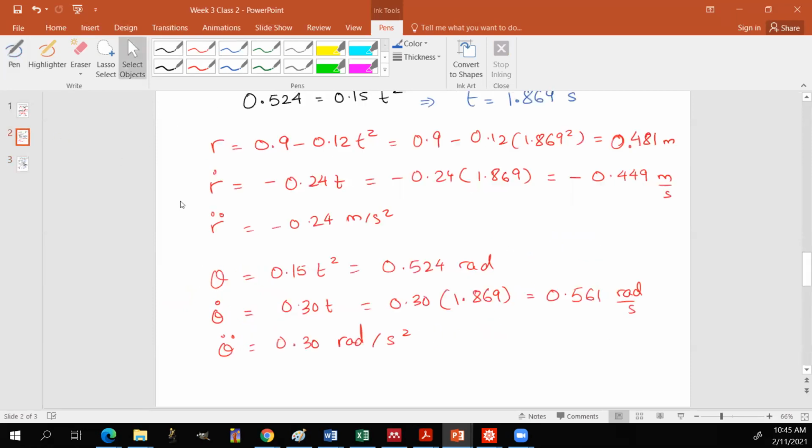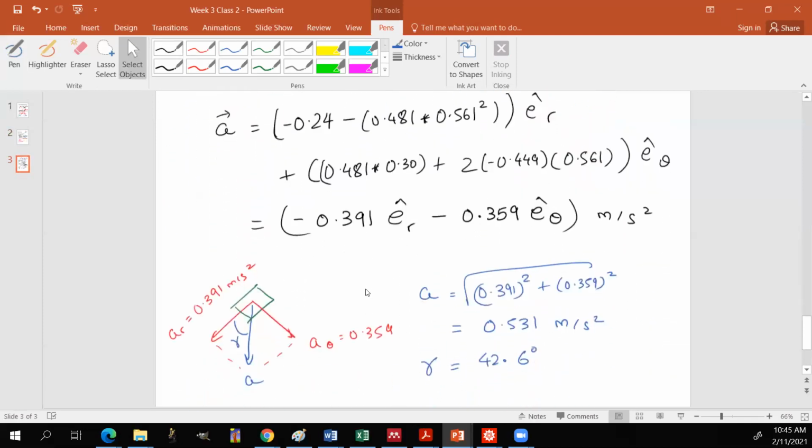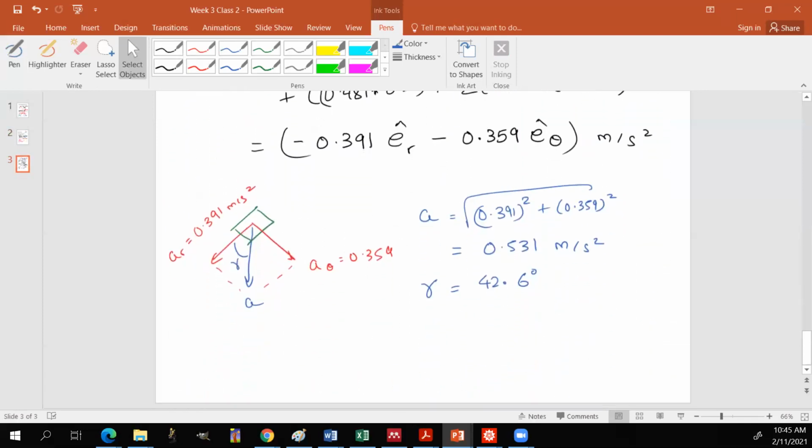Now, the last part of the problem asks you to find the relative acceleration of the collar with respect to the arm OA.